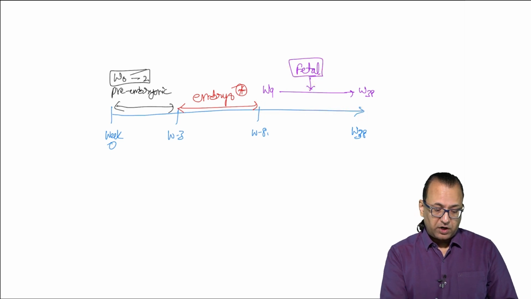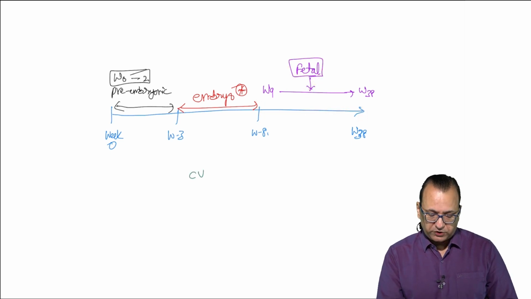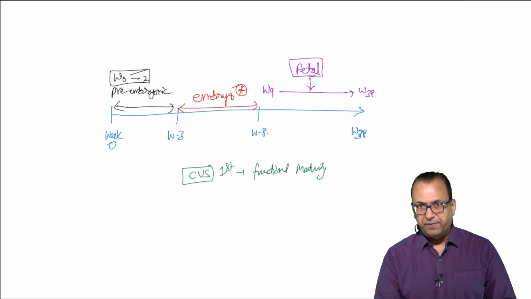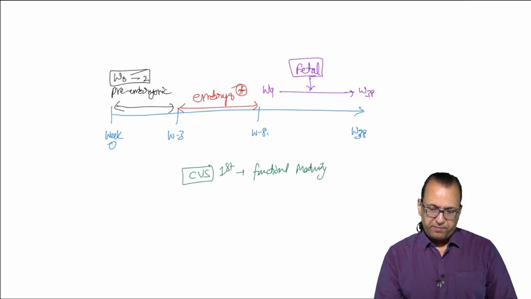Now remember that the cardiovascular system is the first to gain functional maturity, and a question comes on when the heartbeat begins. You have to remember that the heartbeat begins somewhere here, week number 4, more precisely day number 22.